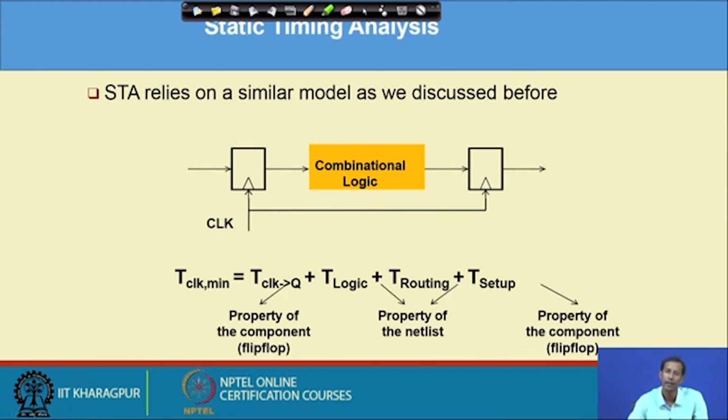Because of that, it takes some time for the signal to traverse from one node to another node through that particular wire. Those delays will also be considered in this case. So that is this T routing.